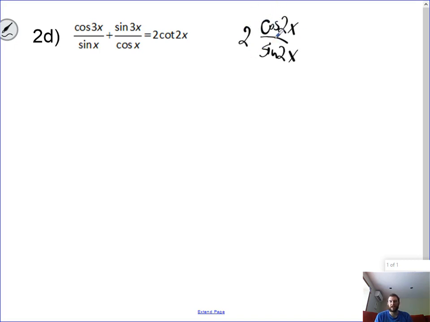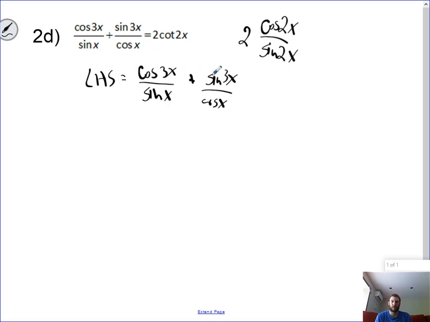If that's what we're trying to get to, let's see if we can work with the left-hand side and make it turn into that. So cos 3x over sine x plus sine 3x over cos x.